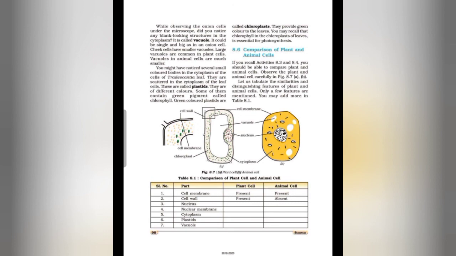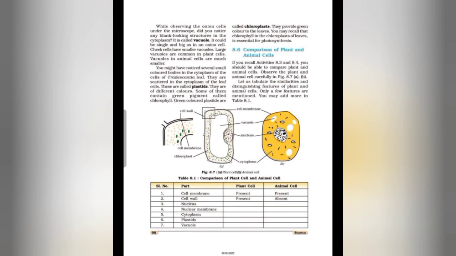And in plant cell centrosome is absent, and in animal cell centrosome is present. Centrosome is a structure that is present in the cytoplasm that helps in cell division. Centrosome is located in the animal cell near the nucleus, and it is involved in cell division and is found only in the animal cell.